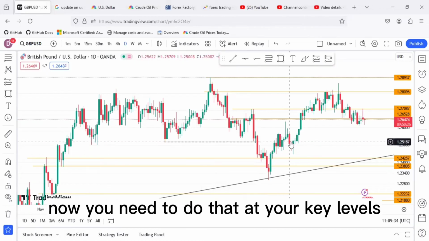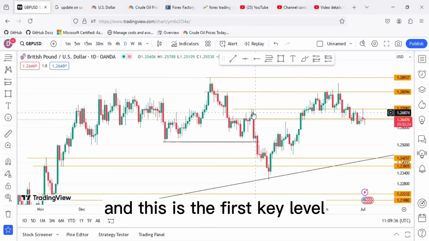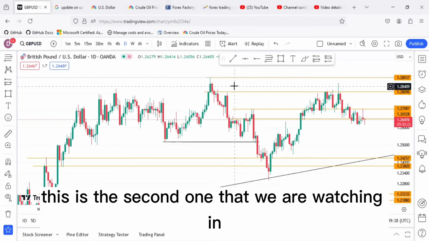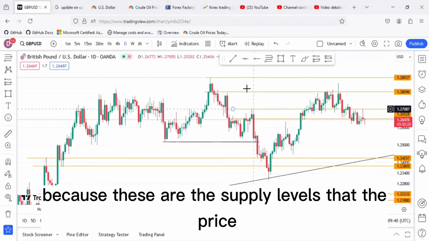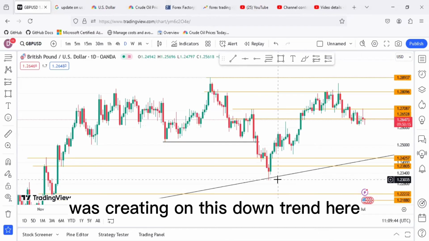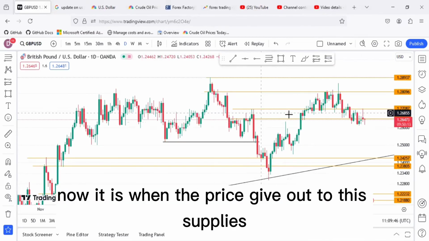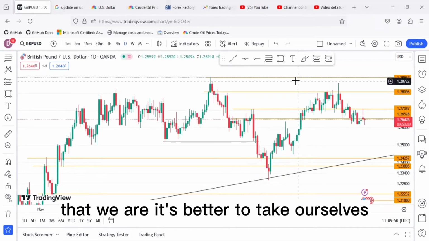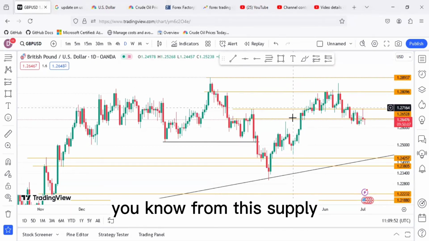Then you need to do that at your key levels. And this is the first key level. This is the second one that we are watching here, because these are the supply levels that the price was creating on this downtrend. Now, it is when the price gets back to these supplies that we are expected to take our sells from these supplies.